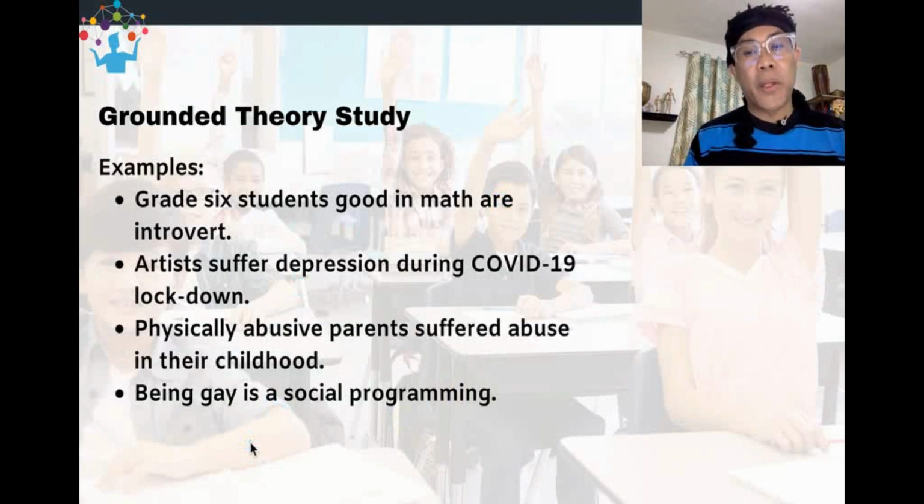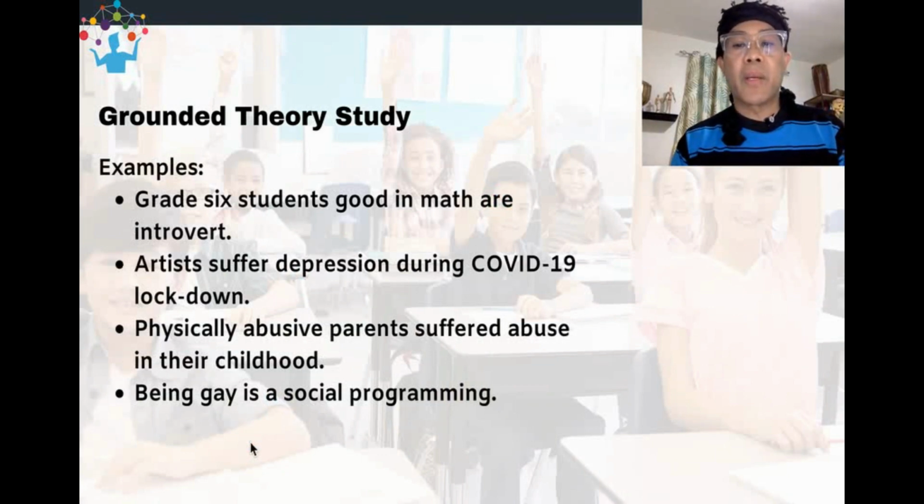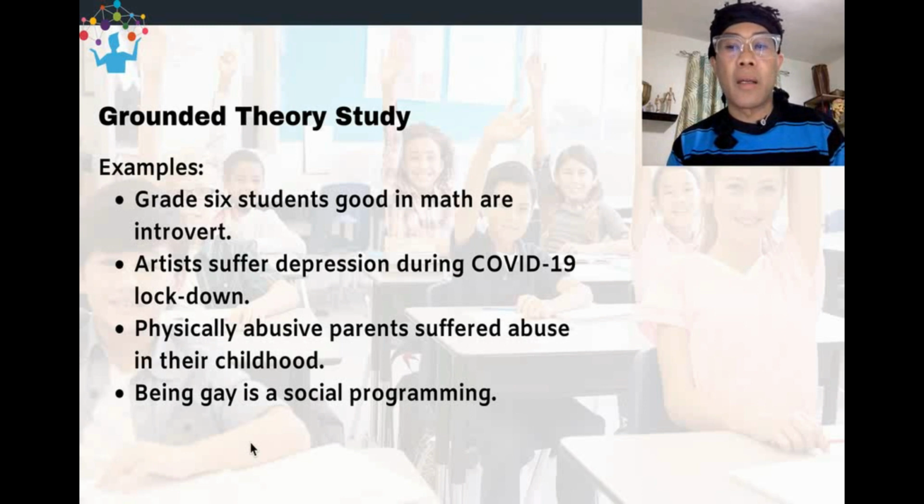What you're going to do here is dive into the experience of the grade 6 students, explore those who are good in math, and find out yourself if they are introvert and what makes them introvert. Given your findings, you will be able to come up with a better theory to explain this assumption, or you might come up with a different assumption after your study.